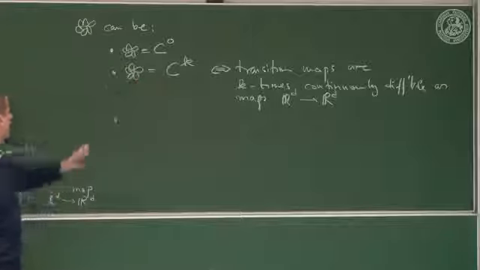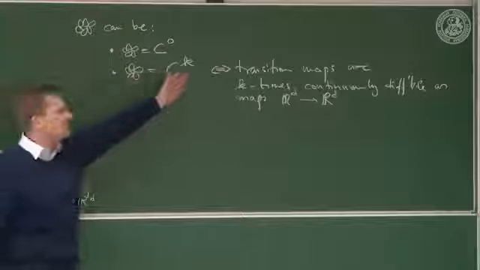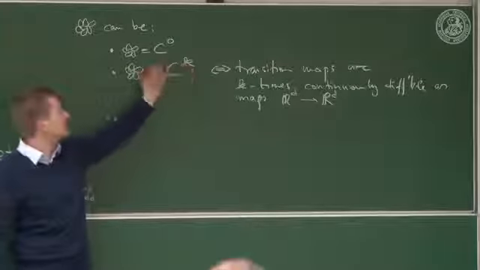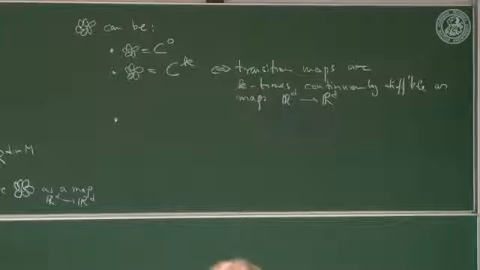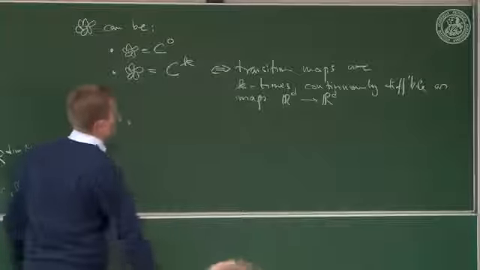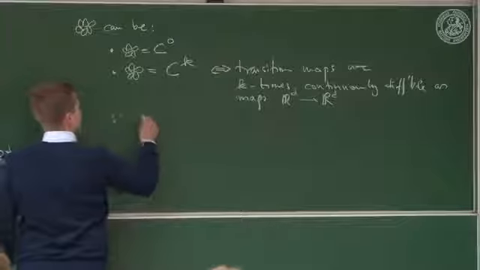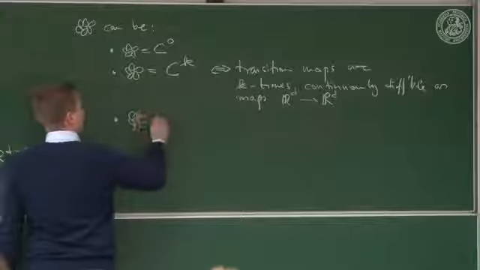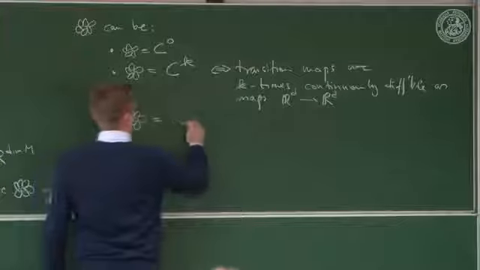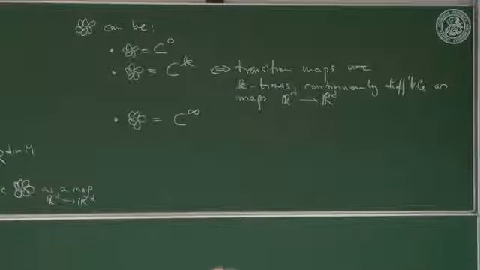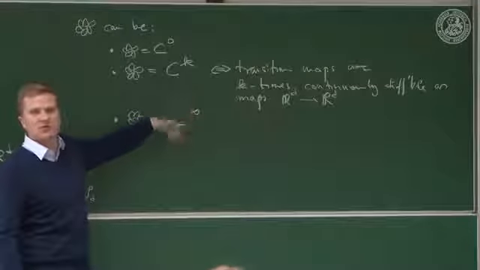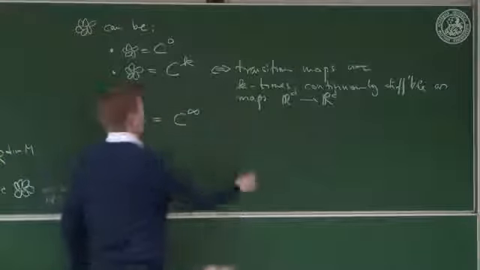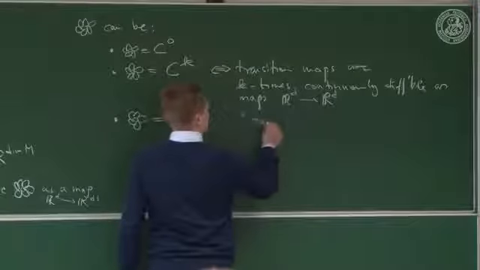A manifold with such an atlas is then called a Ck atlas, flower atlas, Ck atlas, or it's a manifold with k times continuously differentiable transition functions. Another very often used, we'll see why, notion is C infinity, and that indeed means you can differentiate arbitrarily often. Okay, and such manifolds, or atlases, have a special name.